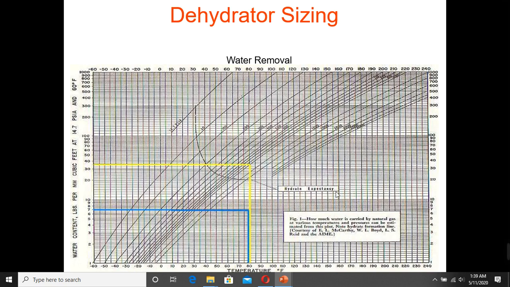As the temperature increases to 90 at the same pressure, the capacity of the gas to carry water is also increasing.